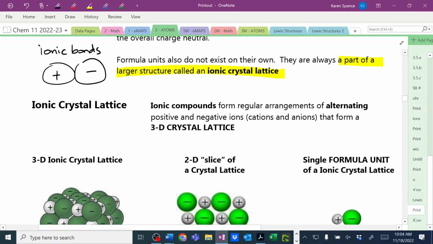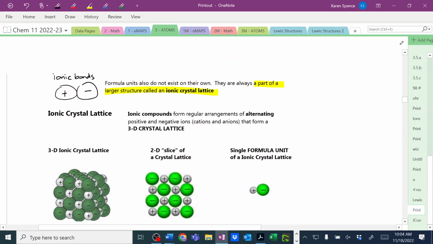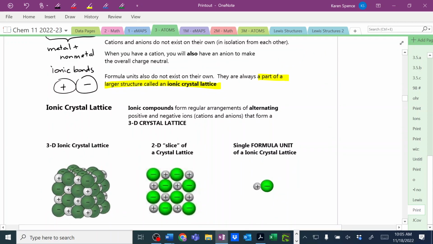So here is our ionic crystal lattice. You will never be expected to draw a three-dimensional crystal lattice. I can't draw one very well. I don't expect you to be able to draw one. Some of you could probably do a beautiful job, but it's not an expectation.